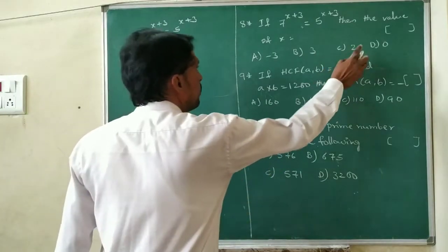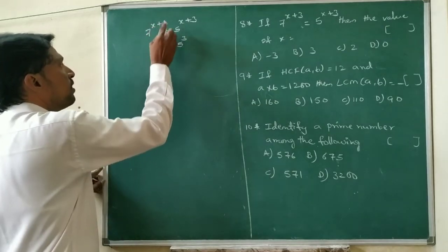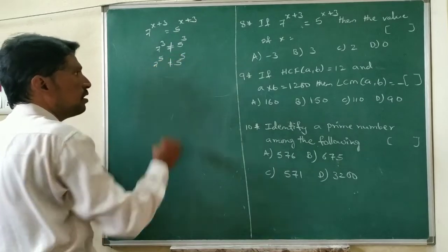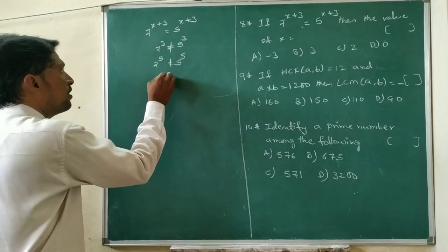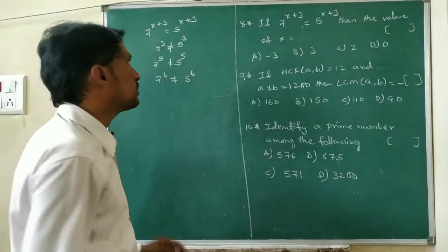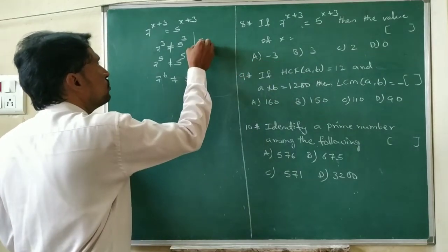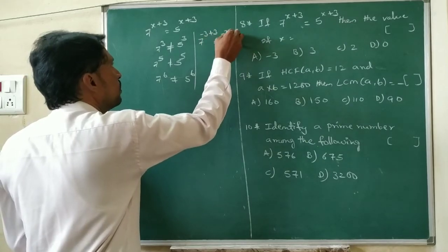Next, substitute 2. 7 power 2 plus 3 is 7 power 5, and 5 power 2 plus 3 is 5 power 5. It is also not equal. Substitute 3. 7 power 6 and 5 power 6. It is also not correct. Next, substitute minus 3. 7 power minus 3 plus 3 equals 5 power minus 3 plus 3.